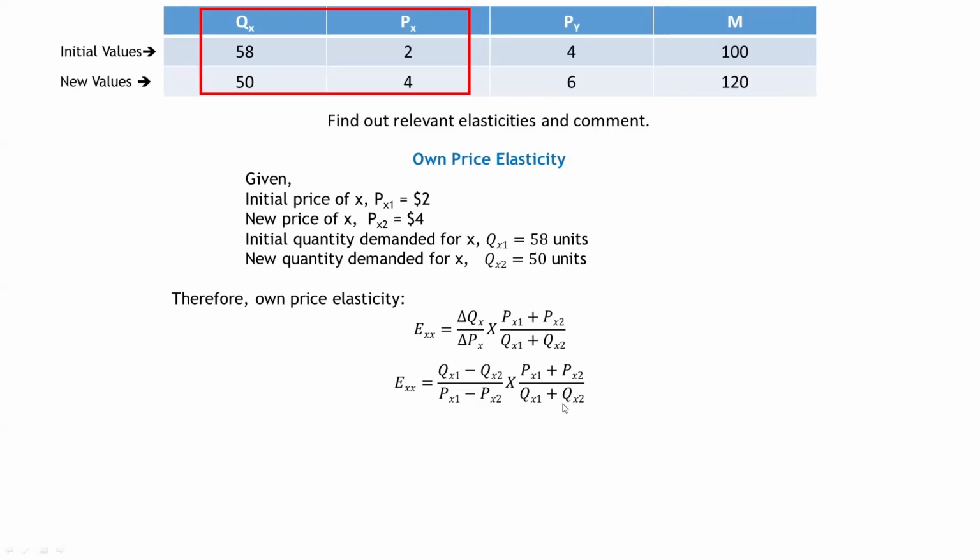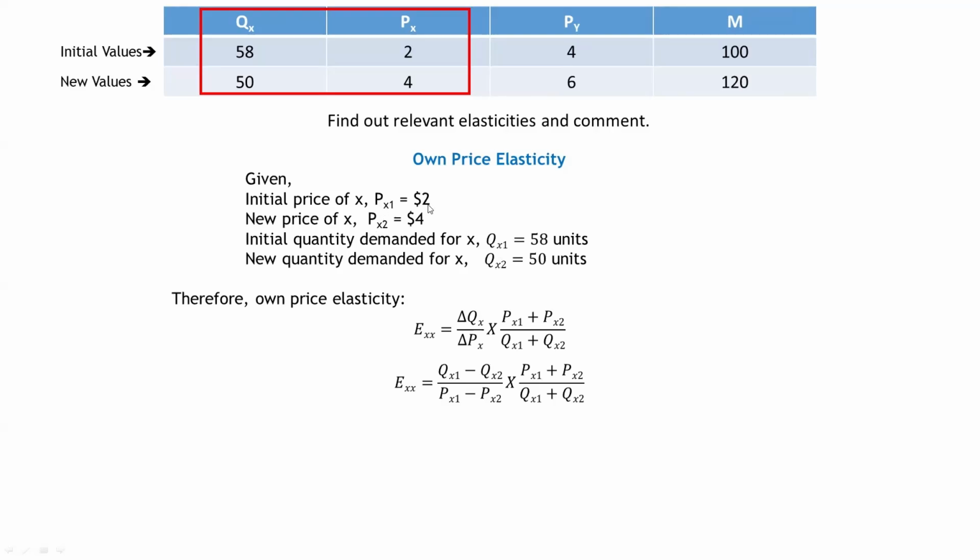We have to keep in mind that when we take changes, if we put initial quantity demanded for X, Qx1 first, we have to put initial price of X, that is Px1 first. Similarly, if we put new quantity demanded for X, Qx2 first, we have to put new price of X, Px2 first.